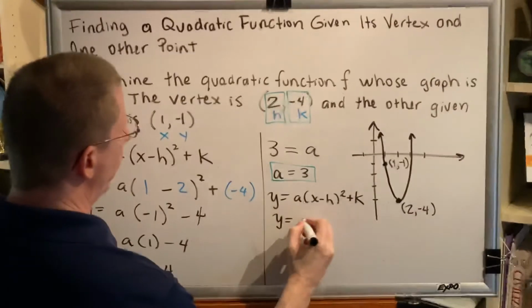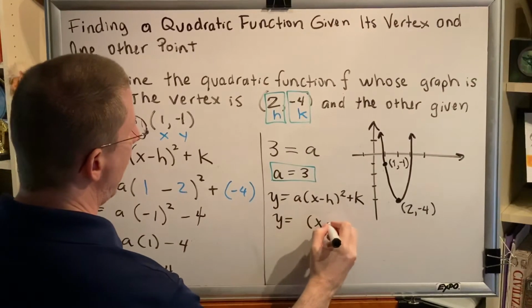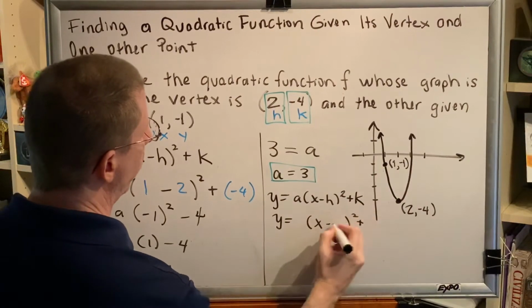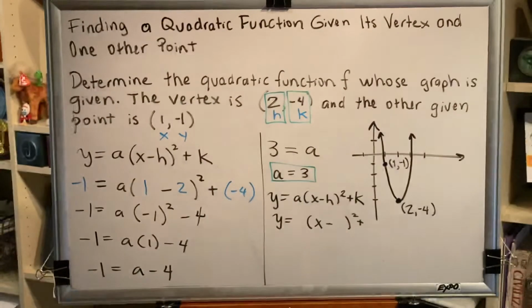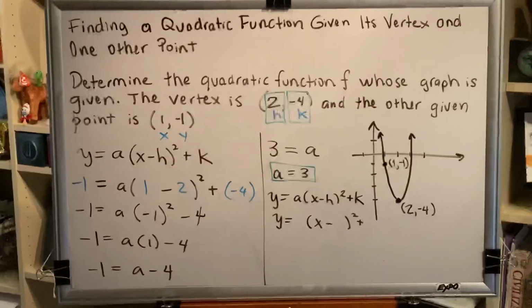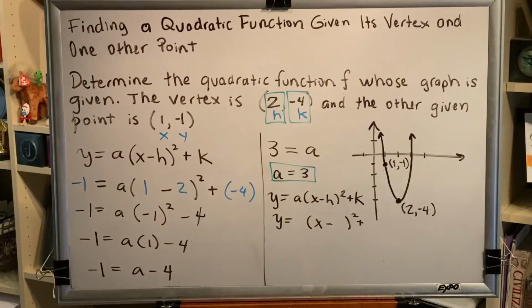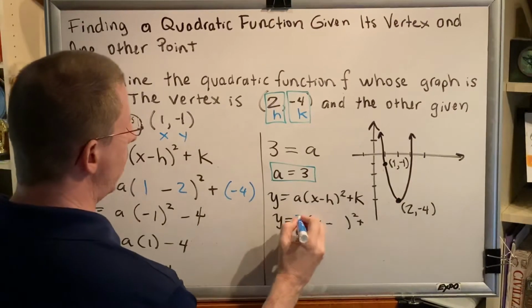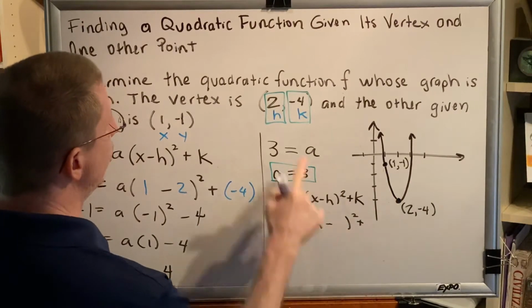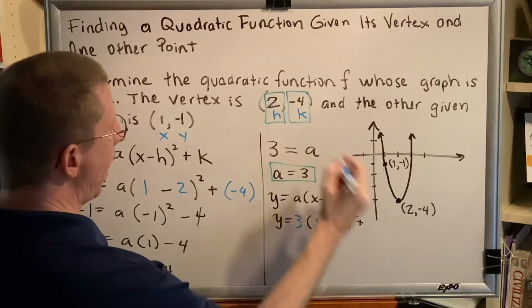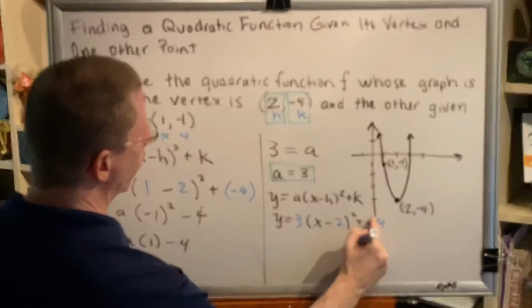This time, we're only going to replace the a, the h, and the k with numbers. Leave the x and y where they are. We need x and y to create our equation. Equations of parabolas have x's and y's in them. Okay, replace the a with 3, the h with 2, the k with -4.